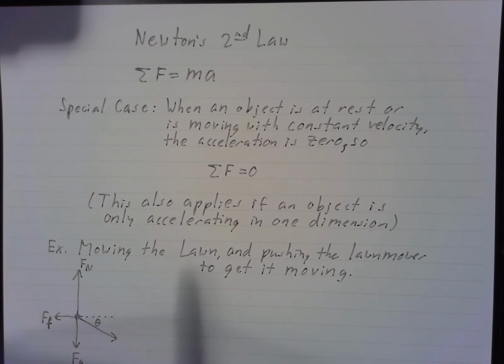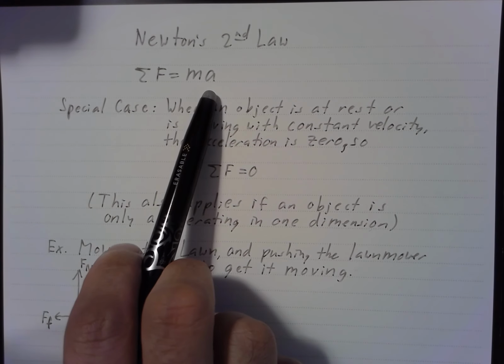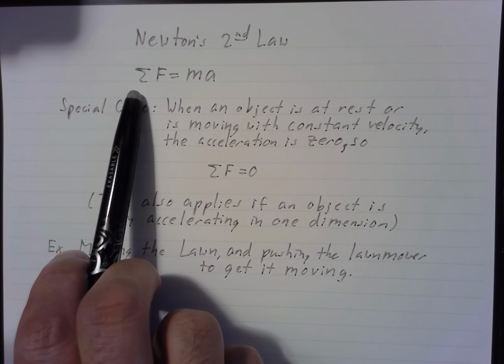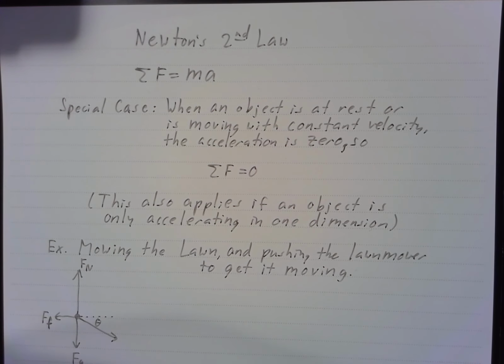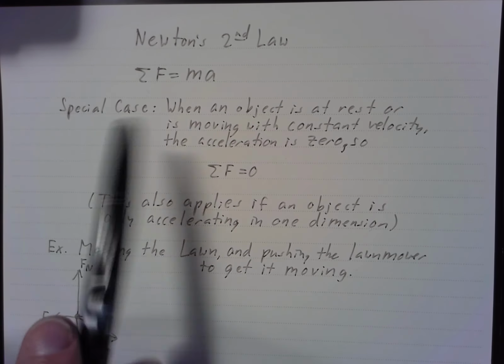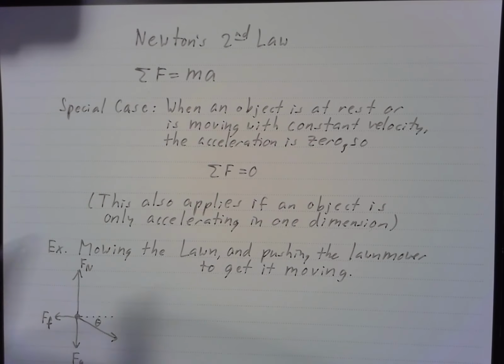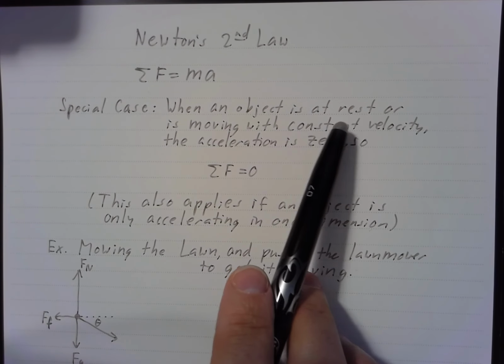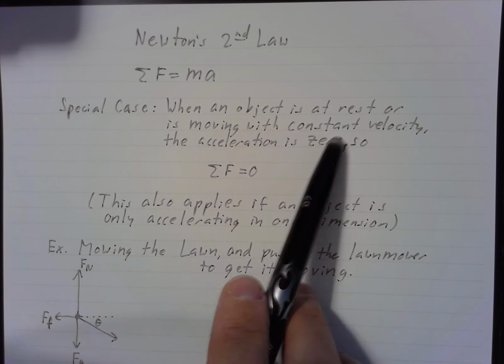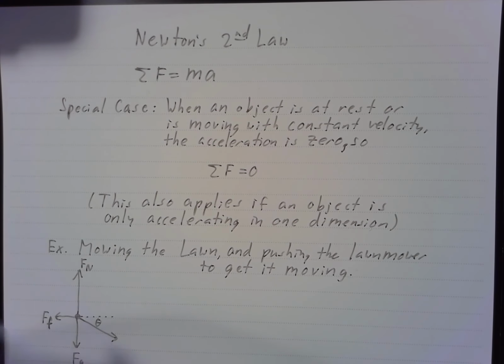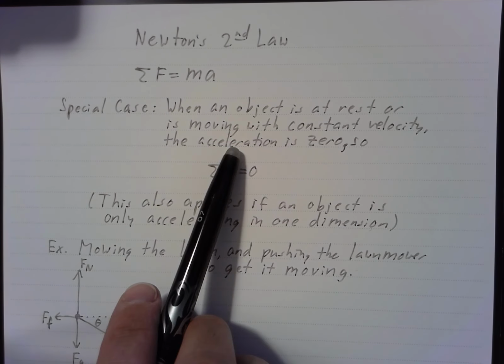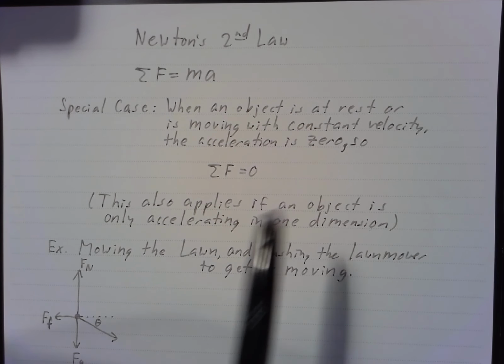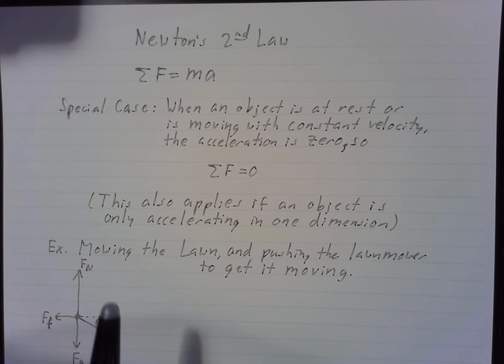So Newton's second law is basically that an object will accelerate if it has a net force that's not 0. I'm here to talk about the special case, when we have a Newton's first law situation. If the object is at rest, or if it's moving with constant velocity in any direction, that means its acceleration in that direction is 0, and so the net force is 0.